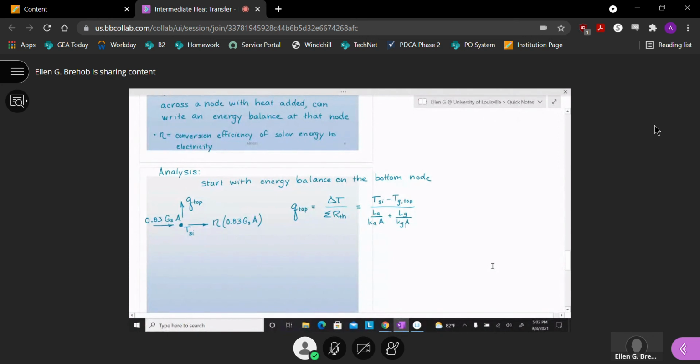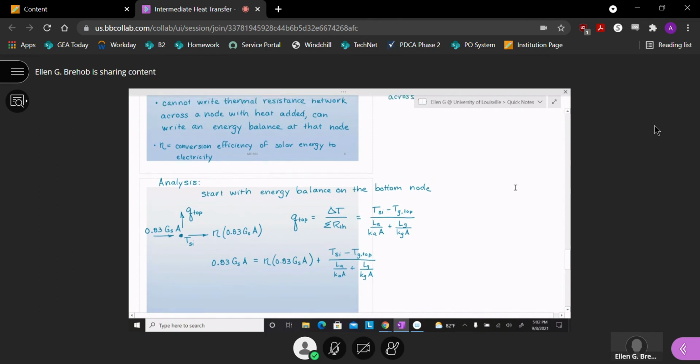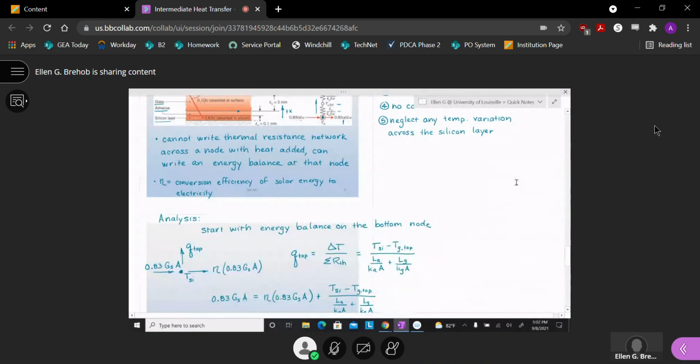So I want to put this equation together. What I have coming in is and what I have leaving okay, I can already think of it.